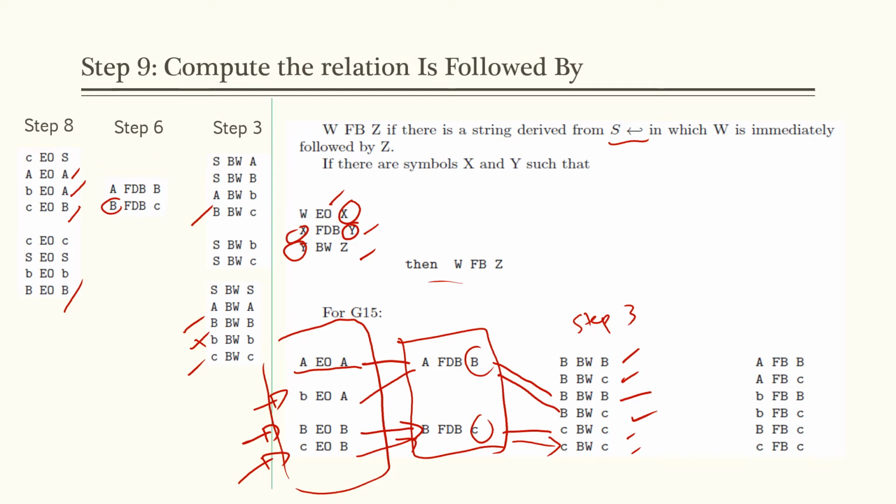So what will the FB be followed by? The followed by would take the first string from the EO and the last string from BW, the second string from BW.